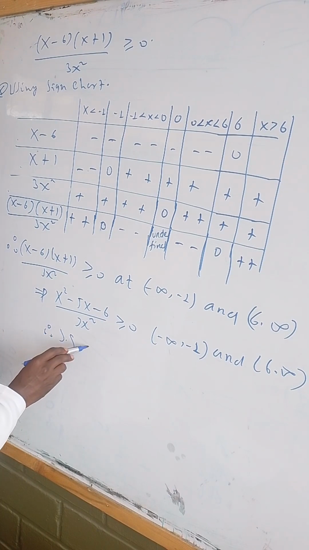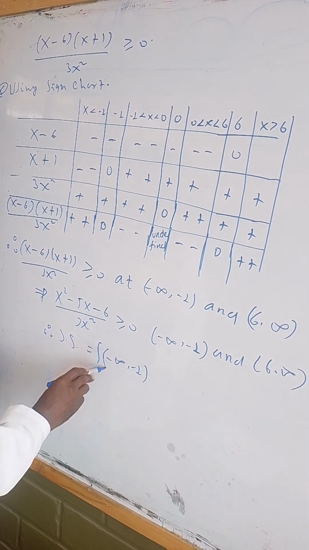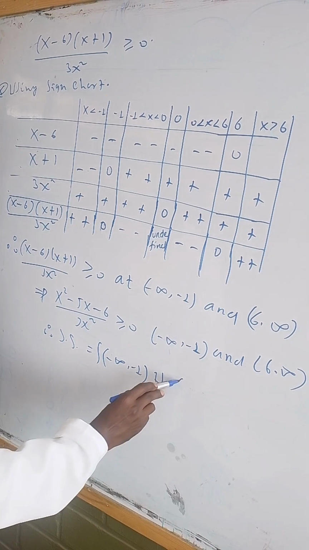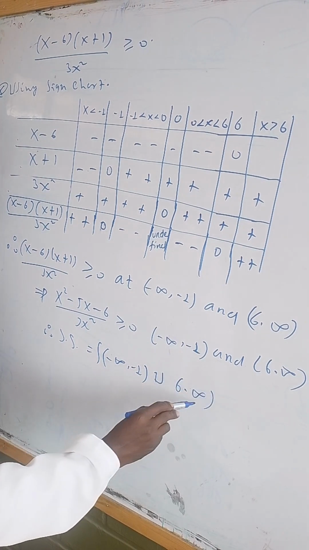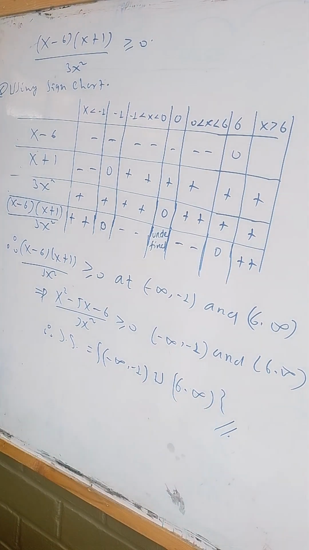The union is the solution set. Therefore, the solution set of this inequality is negative infinity to minus 1, union 6 to positive infinity. This is the solution set of the given rational inequality.